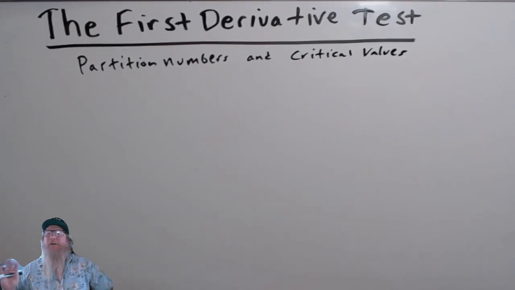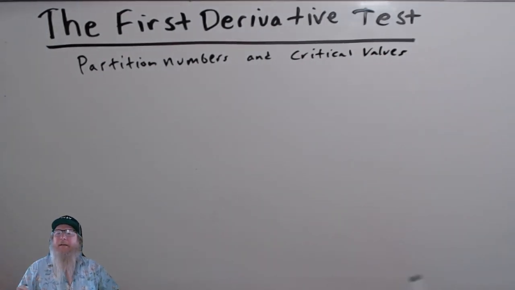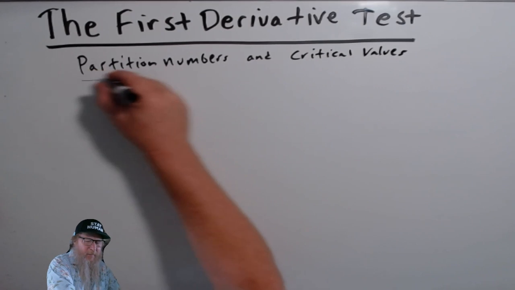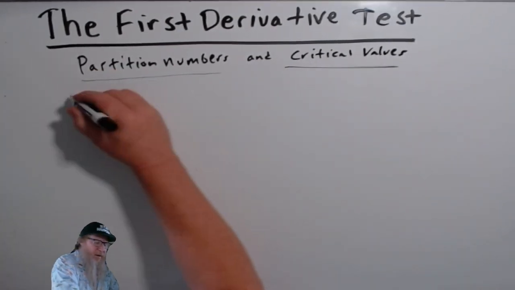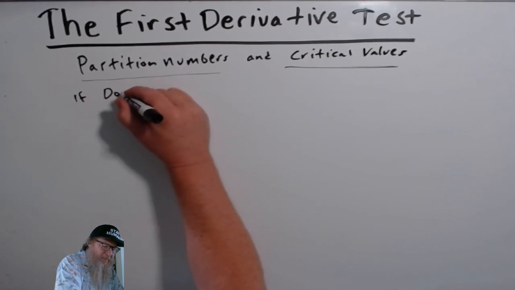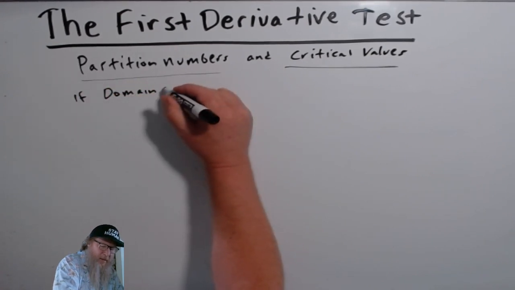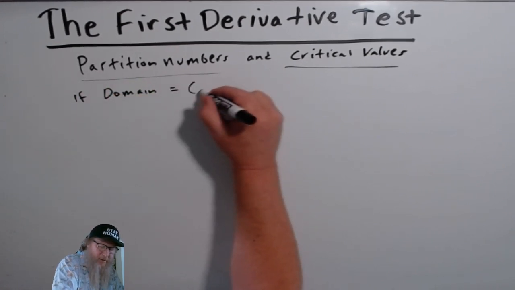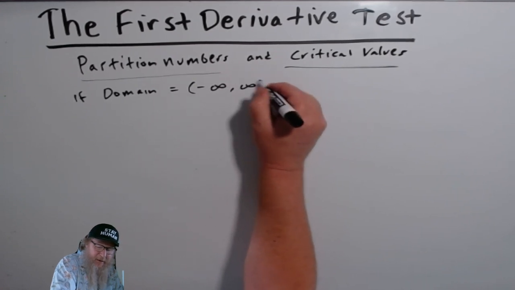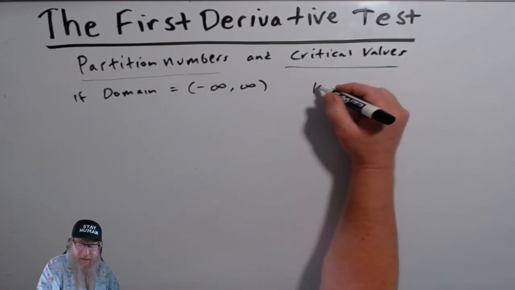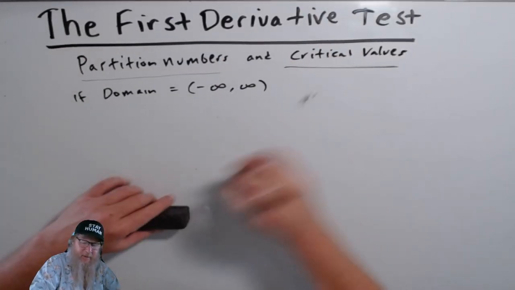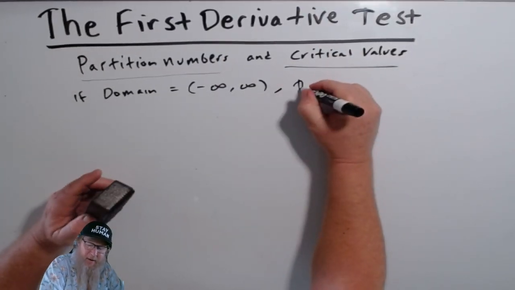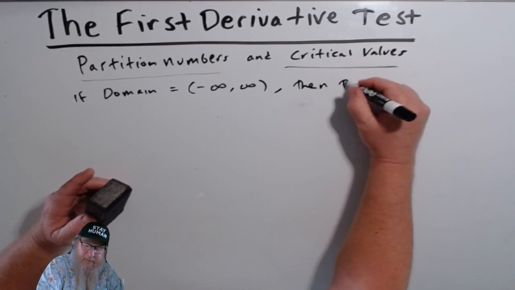So what we're going to do is start by making a list of the partition numbers and the critical values. Now recall, if the domain of the function is negative infinity to infinity, then these are the same. So we won't have to make two separate lists.